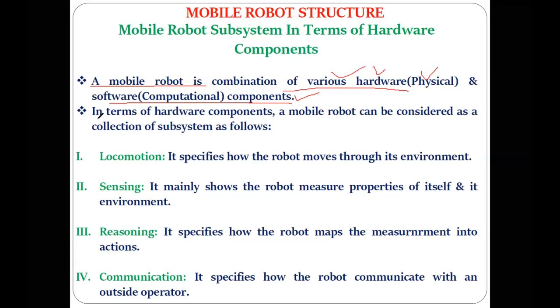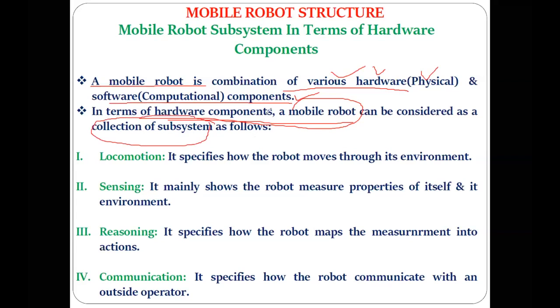Okay, so in terms of the hardware components, on the basis of all the hardware components we have just discussed regarding the mobile robot, we can divide the structure of the mobile robot into four subsystems.